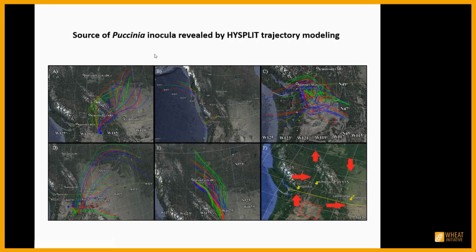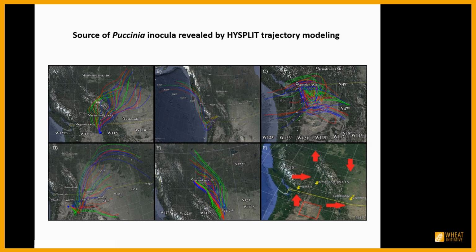We did find that some of the peaks we see in certain areas could be explained by certain currents and models of trajectories of wind packages, if you will, over the time period leading up to certain increases that we found in our spore samplers. So this is just to illustrate that you can do these things.